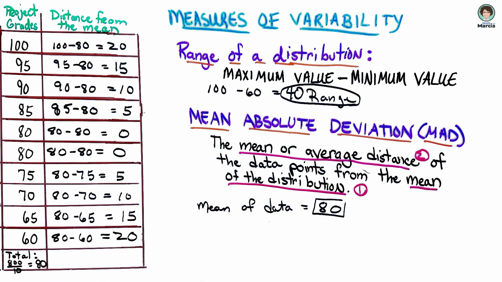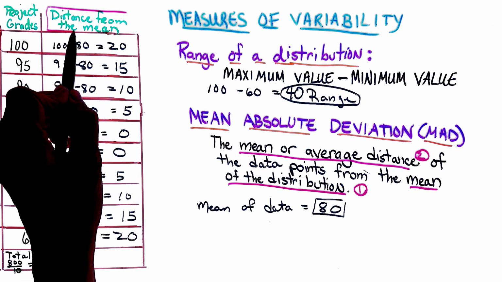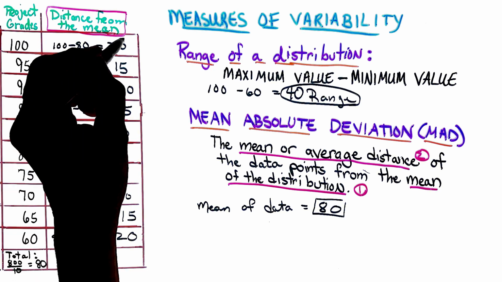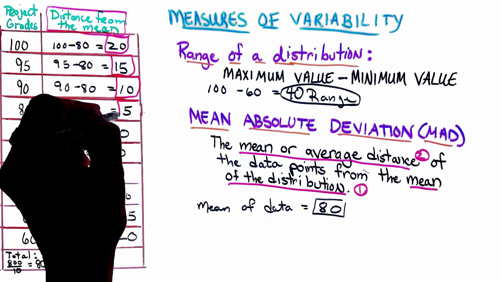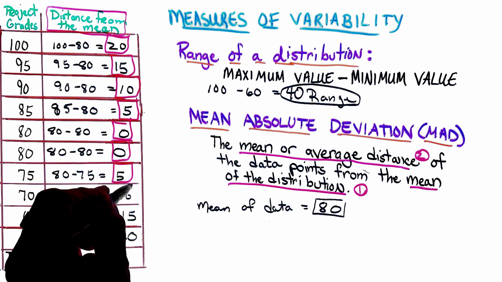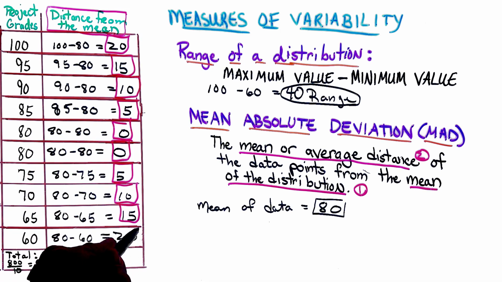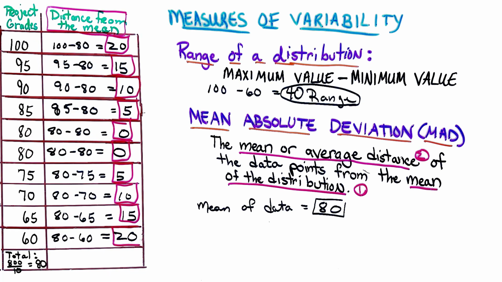And so what I just did is I found the distance from the mean. Each one of these numbers is what I am going to be dealing with. Yes, I'm even putting my zeros in there. So we'll add all of those numbers up, and when we add those numbers up, we do get 100, and you divide it by the number of project grades you have.